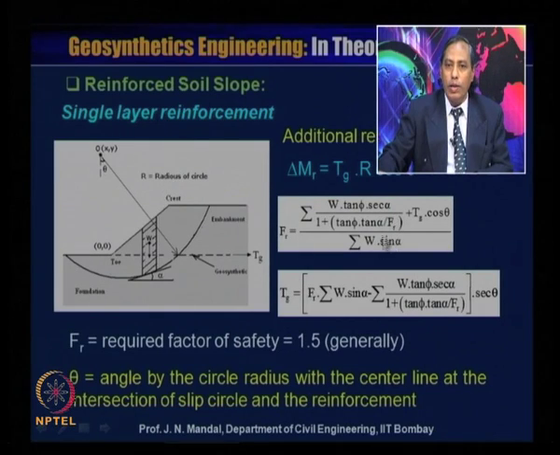Once you assume some value of factor of safety and find out the required factor of safety, when you know that the required factor of safety is generally 1.5, then it is okay. So, with the introduction of the geosynthetic material, if you find that Fr, the factor of safety, is 1.5, then it is okay.